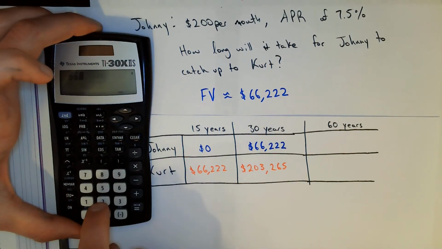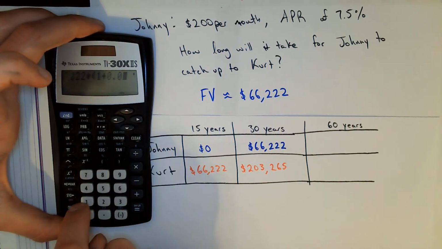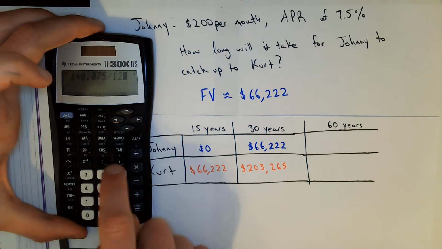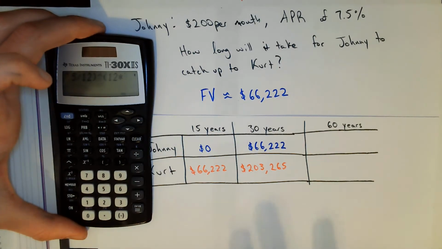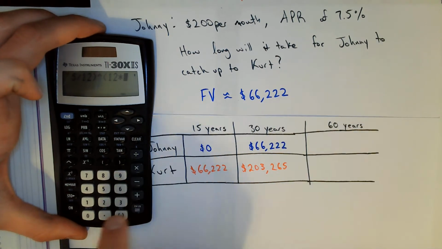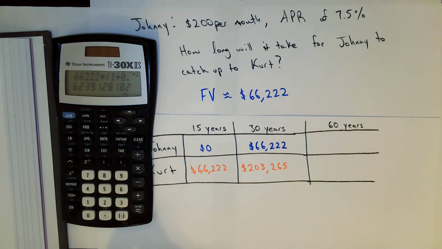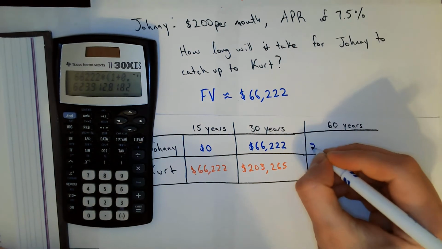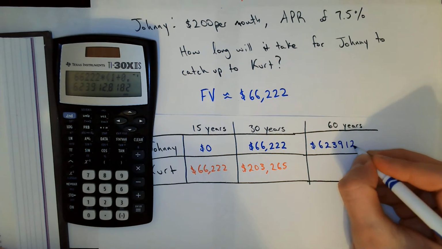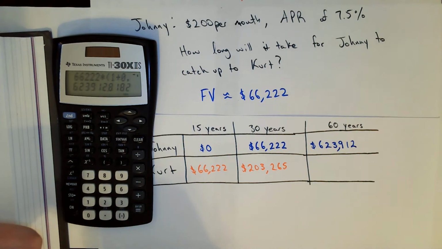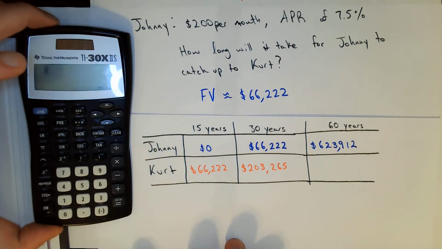So his principal, 66,222 times 1 plus 0.075 divided by 12 because it compounds monthly, raised to the 12 again, times time. Now the gap here is 30 years, 30 to 60, so I'll say raised to that. And he should have a healthy amount in his account. It looks like 623,912.